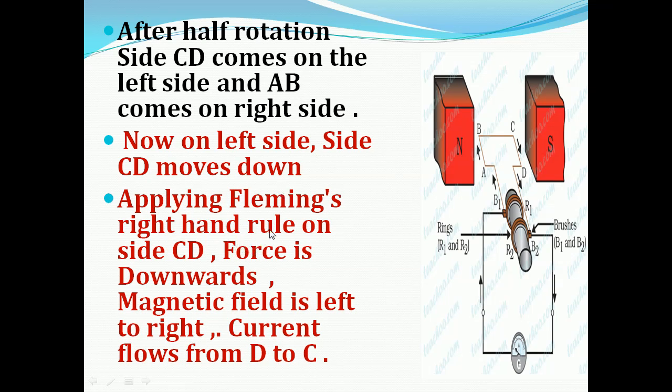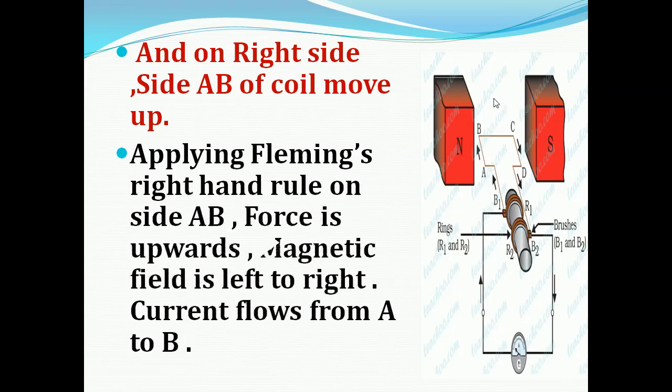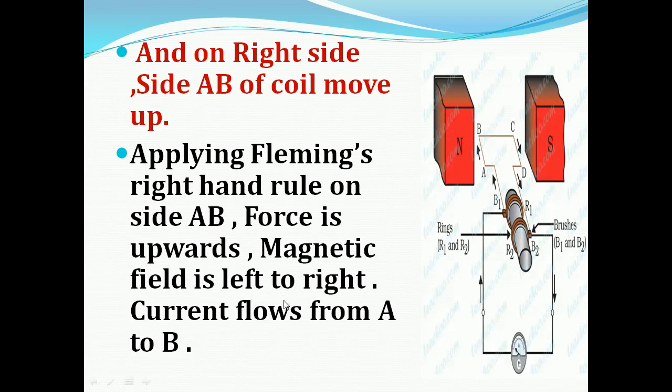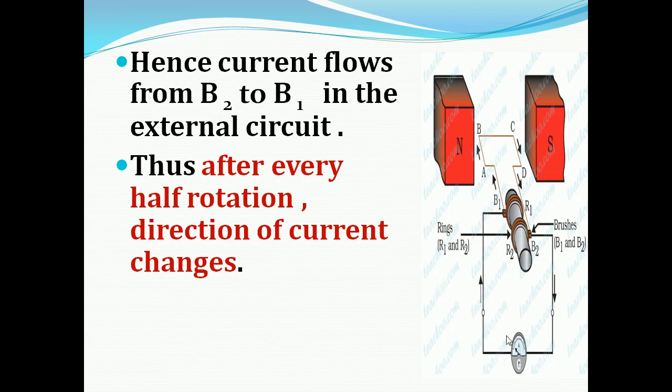Now applying Fleming's right hand rule on side CD, the force is downward, the magnetic field is left to right, and the current flows from D to C. On the right side, applying Fleming's right hand rule on side AB, the force is upward, the magnetic field is left to right, and the current flows from A to B. Hence, now the current flows from B1 to B2 in the external circuit.